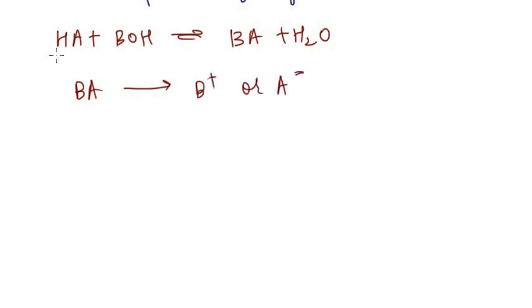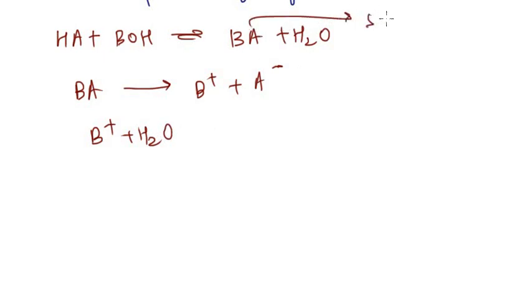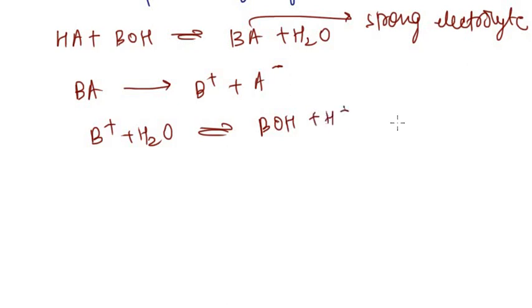We have seen that all salts are strong electrolytes. They don't dissociate partially, so alpha is always 1. So whenever B positive reacts with H2O, it will form BOH plus H plus.